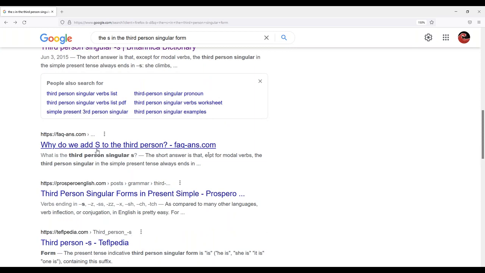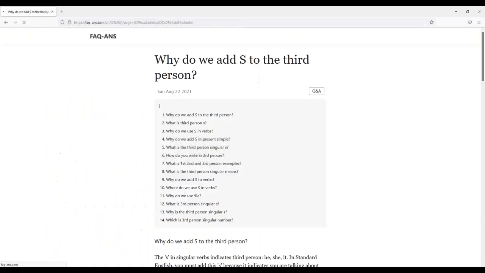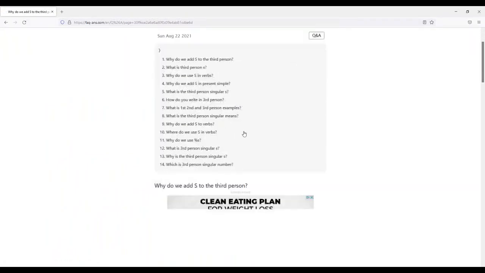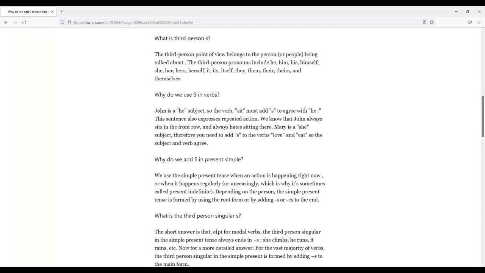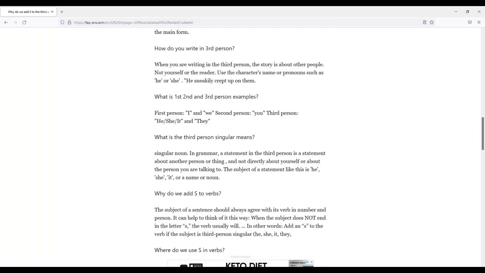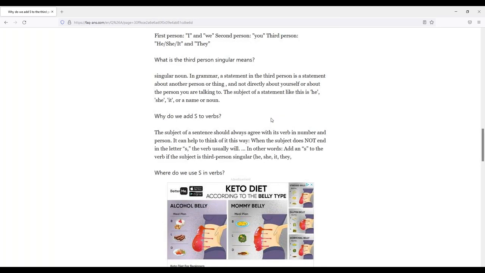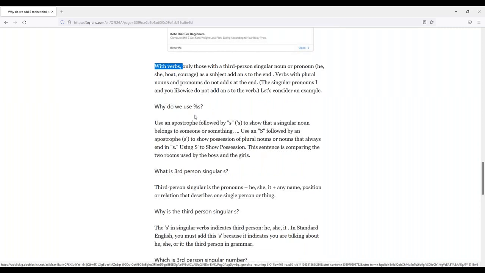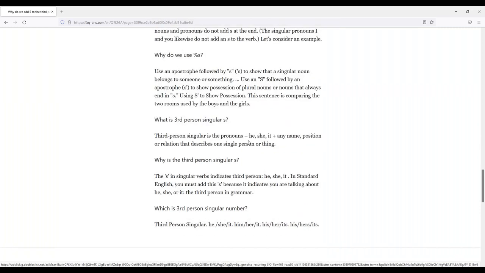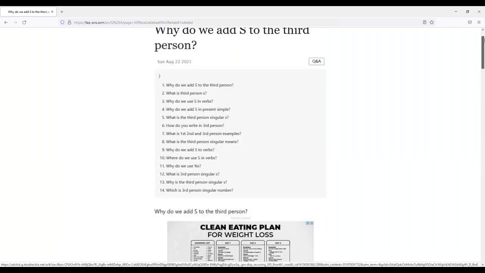Let's see if we can find, why do we add an S? Why do we add S to the third person? Let's see what they say. So the S indicates the third person, he, she, it, right? With verbs only, okay, why am I saying this?